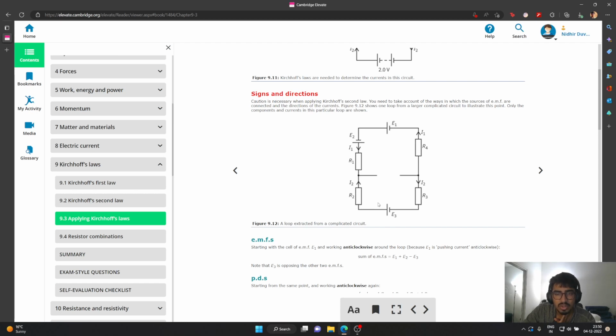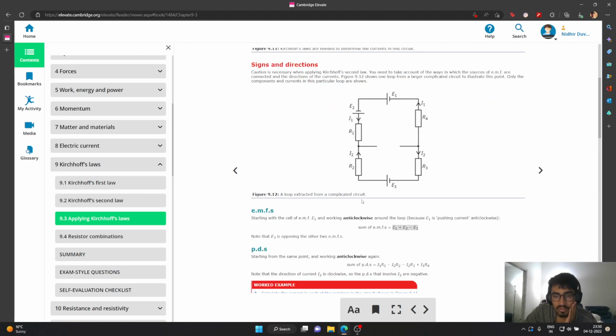So E1 plus E2 minus E3, the sum of EMFs, right? Now we look at what this net energy is eaten up by. I1 R1 is eaten up by this, and I2 R2 is eaten up by this.